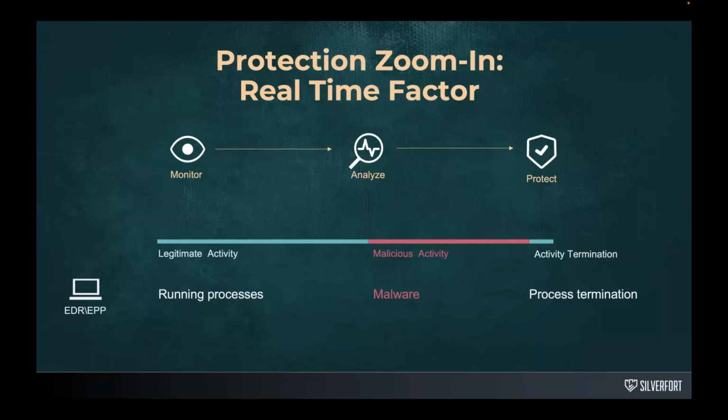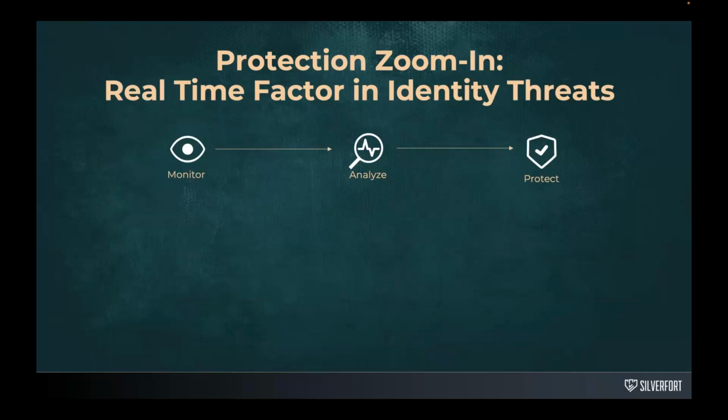The same goes basically with every other type of product. If it's a firewall, then we'll monitor the network traffic, and if we see anomalous traffic, we'll deduce that it's data exfiltration, and then we'll block the traffic altogether. But what happens if we want to apply this flow to identity protection? What are we monitoring?